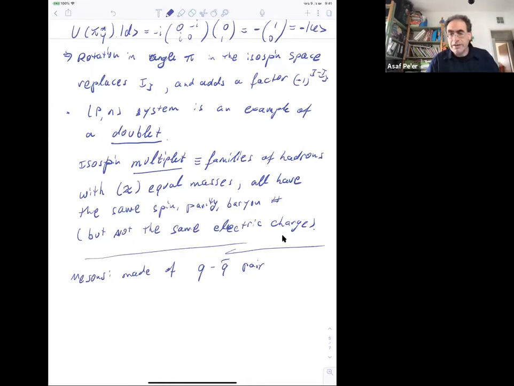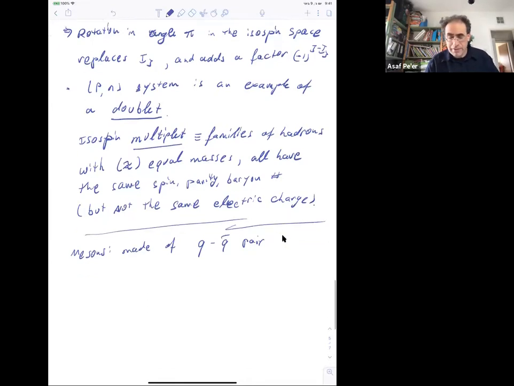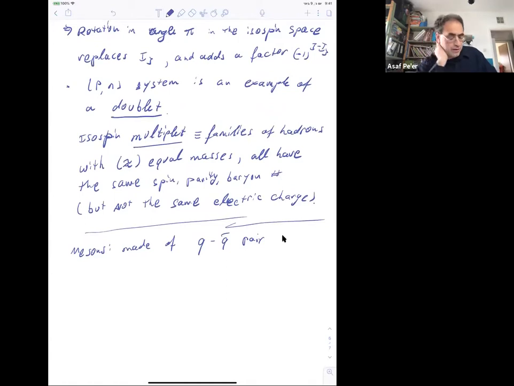So what we want is a way of describing the anti-quarks such that they will transform the same way as quarks if you want to put them in a doublet.